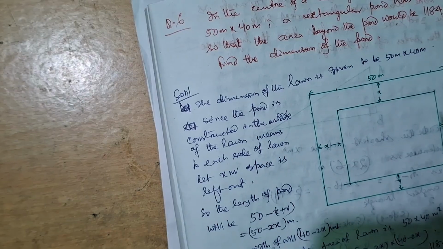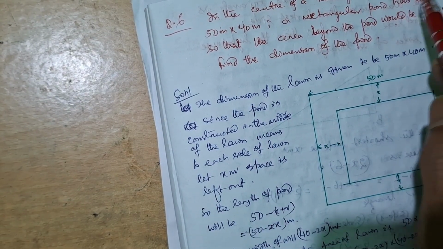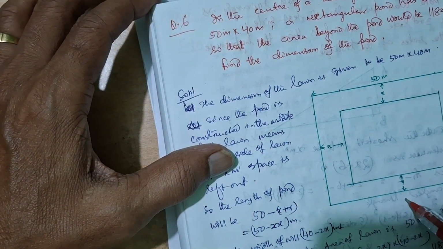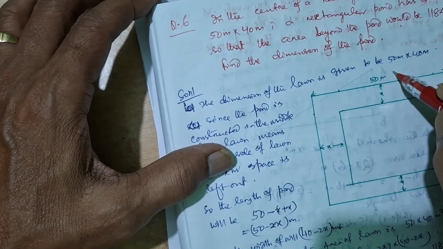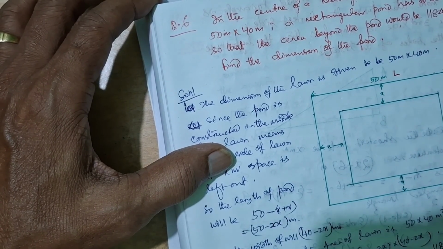Just to verify, in the center of a rectangular lawn of dimension 50 into 40, this is 50 meter, this is 40 meter. Length is more, breadth is less.